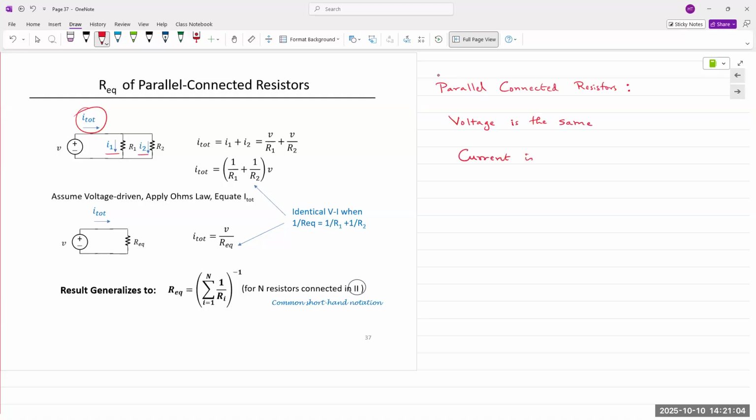However, the current is divided. And that current is divided depending on the value of the resistors themselves. The lower the value of R, the higher the current. The higher the value of R, the lower the current. Inversely proportional, right?